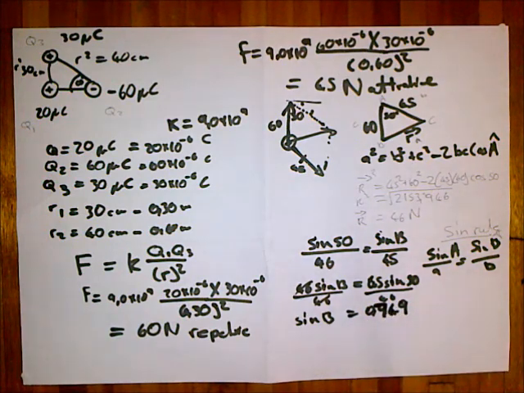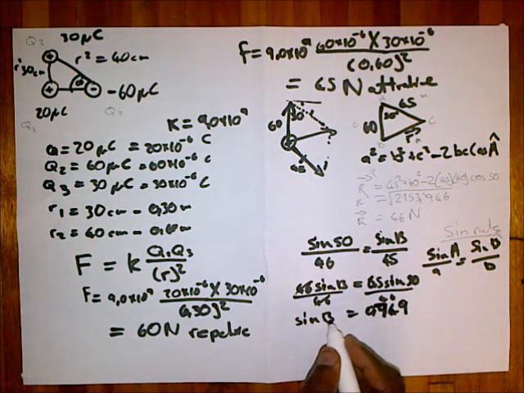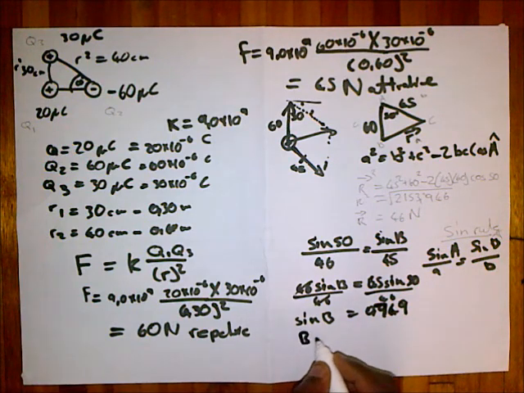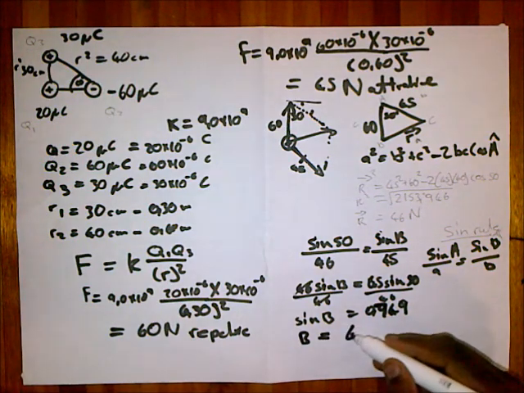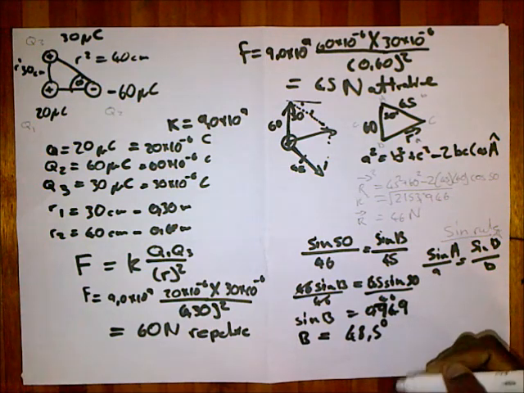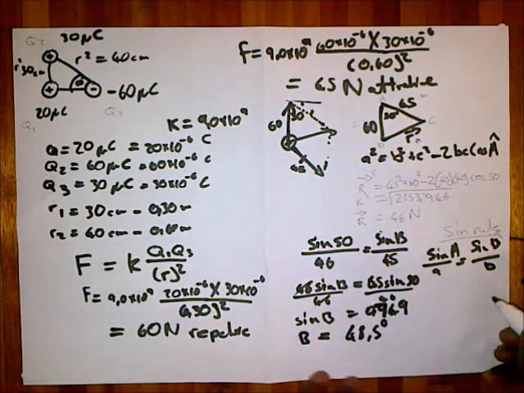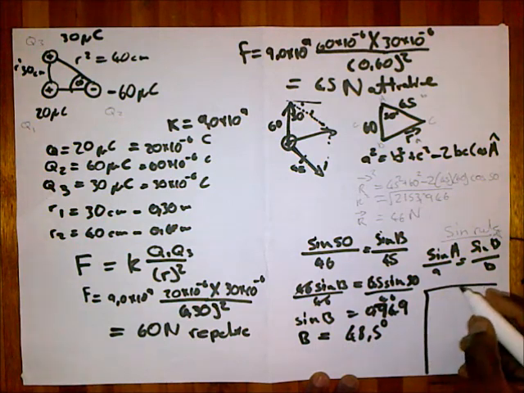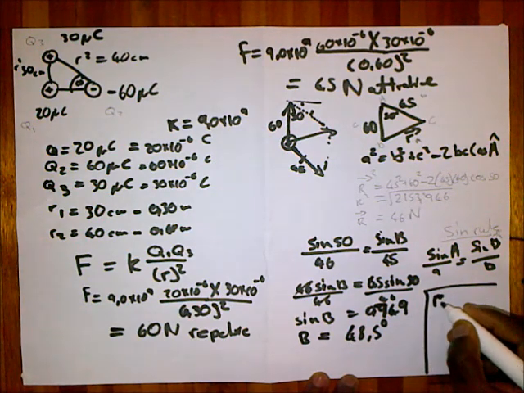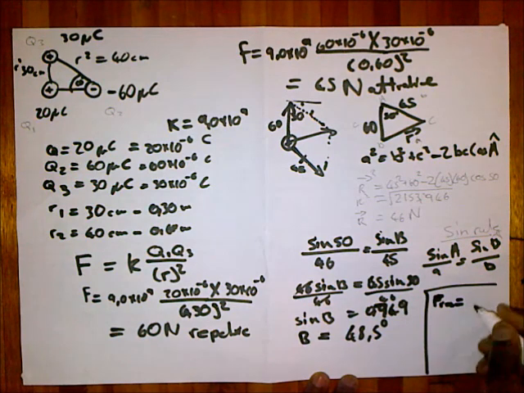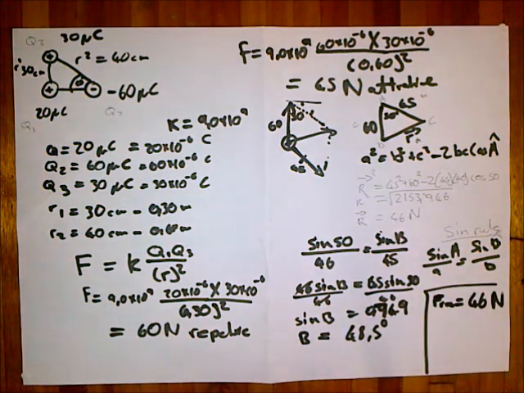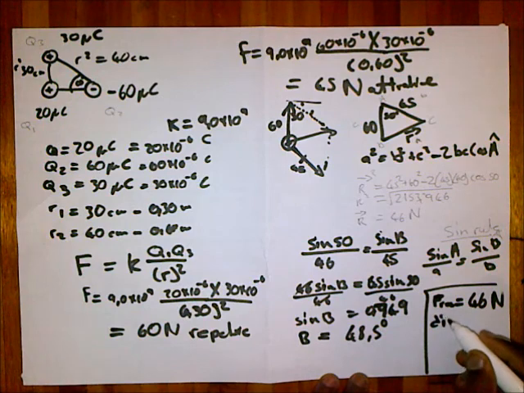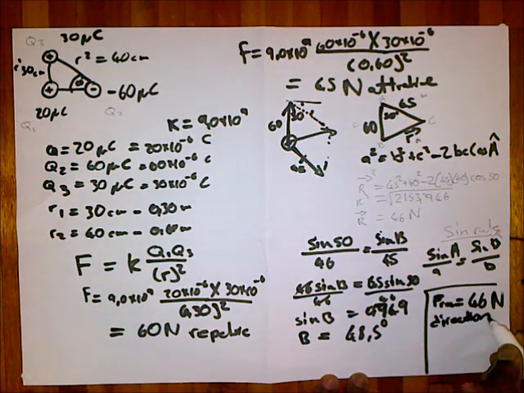The inverse of sine gives B as 48.5 degrees. So our answer is F resultant equals 46 newtons, and the direction is 48.5 degrees to the east.